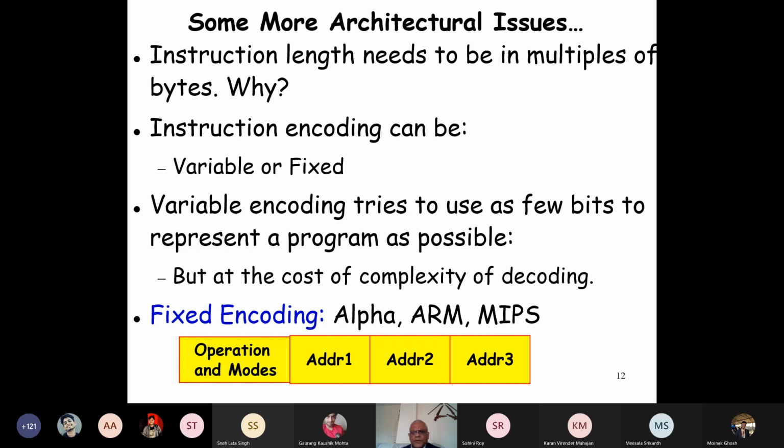And more complex, those where you need to give immediate data, jump to different memory locations, you have to specify the memory address, and so on, they can take larger number of bytes. Variable encoding, as the name says, varies from one instruction type to another.